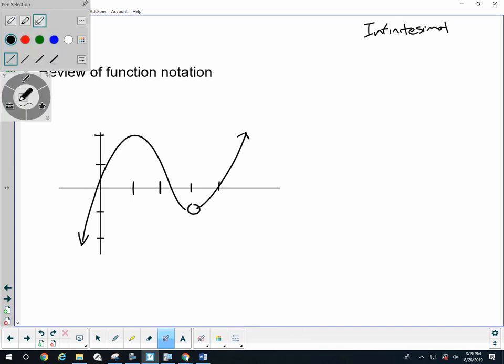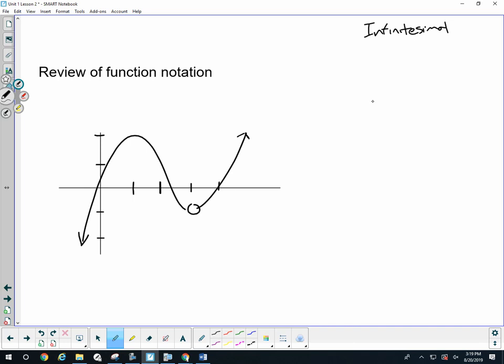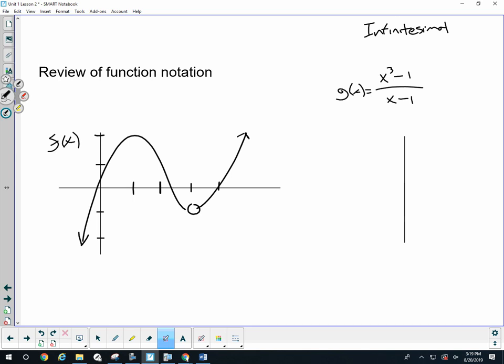So I asked you to graph this function. I'm going to call it g of x equals x cubed minus 1 over x minus 1. And then we have this other function that we don't know the expression for. We'll just call it f of x, and I gave you a picture of it. Now, if you graph that function in your calculator, you should see it looks like a parabola.